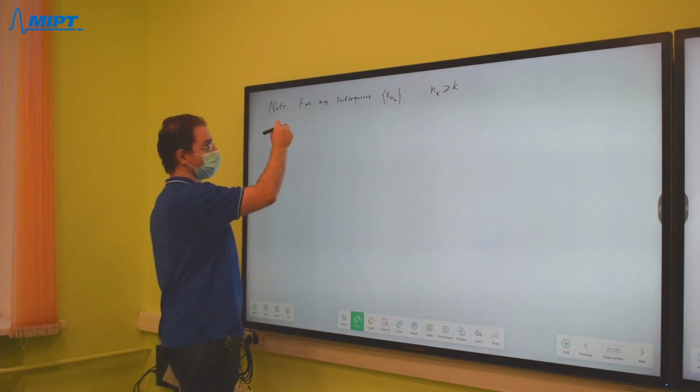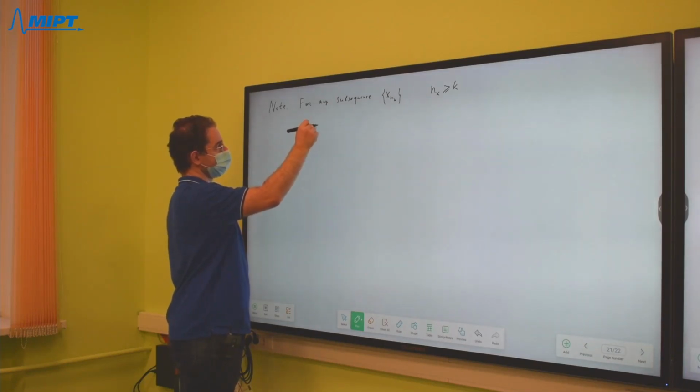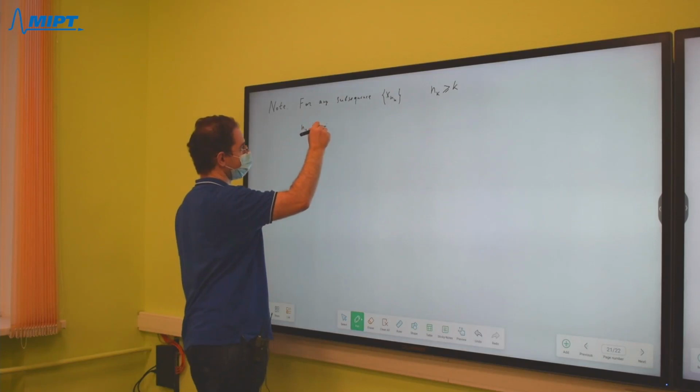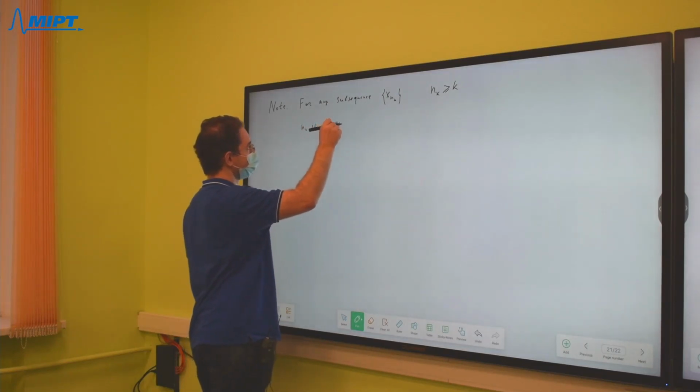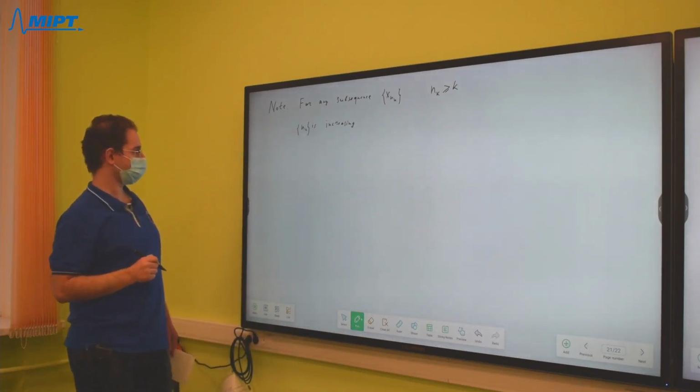So we know that the sequence n_k is an increasing sequence of natural numbers.